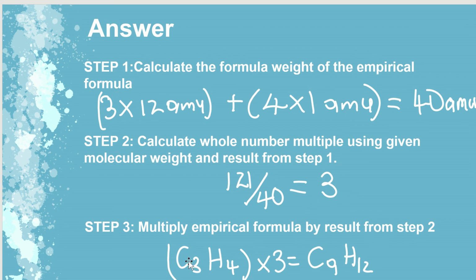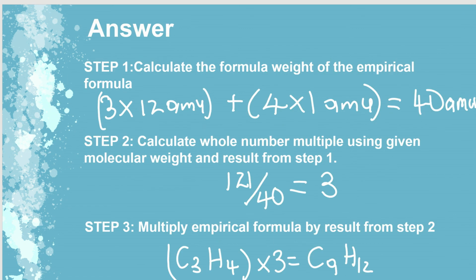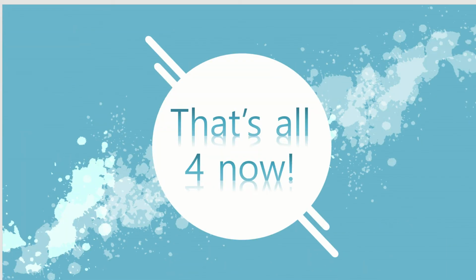We're given the empirical formula, which is C3H4, and therefore if we multiply by 3, 3 times 3 is 9, 3 times 4 is 12, we get the molecular formula of mesitylene, which is C9H12.